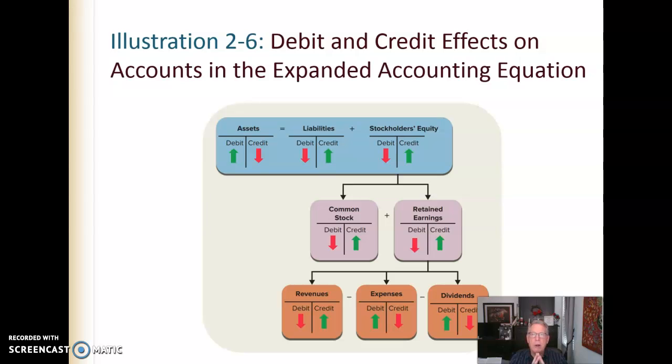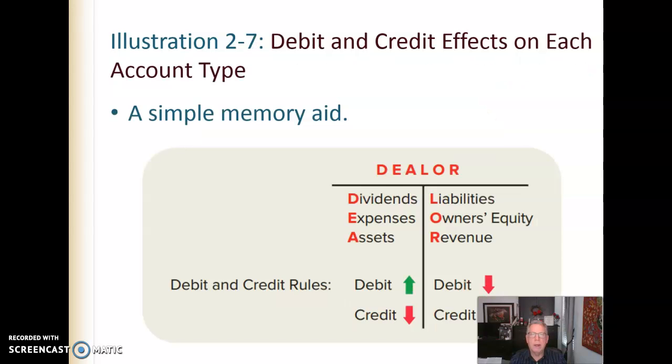All right, so here we have the effect on the accounting equation and the effect on the expanded accounting equation. Okay, if you like memory aids, DLOR is one way to do that.